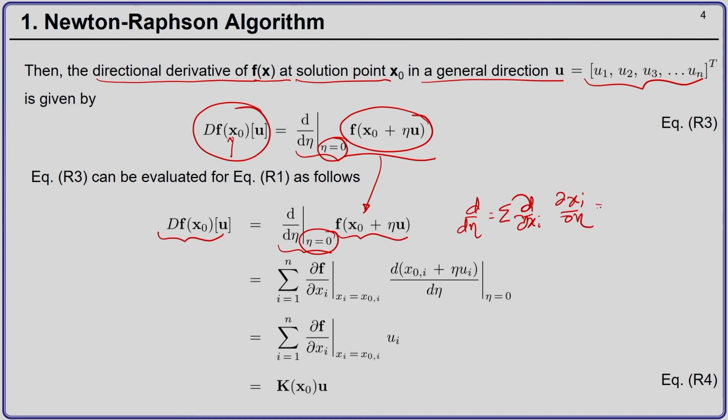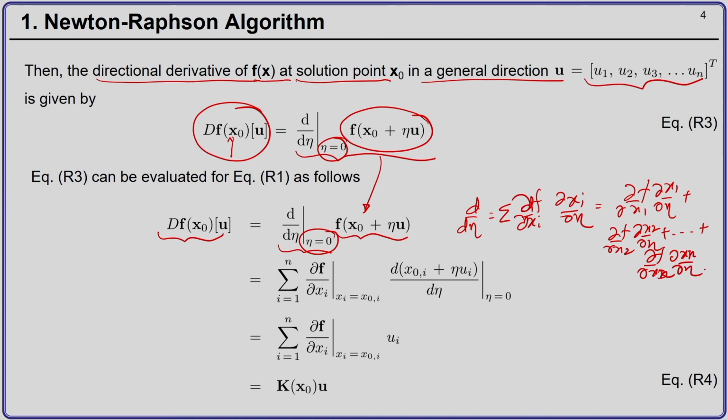This is like del f by del x 1 by del eta plus del f by del x 2 by del eta plus all the way up to del f by del x n by del eta.